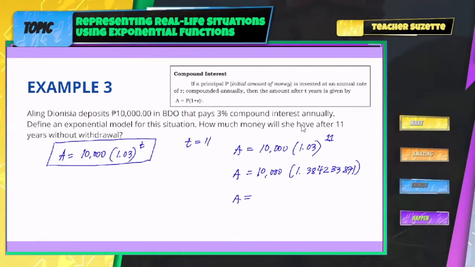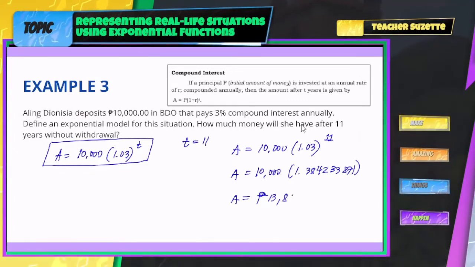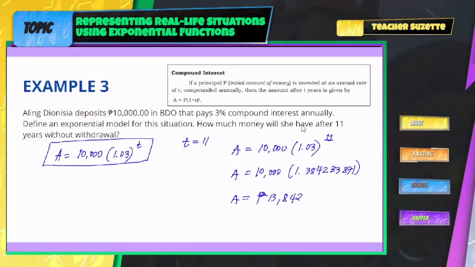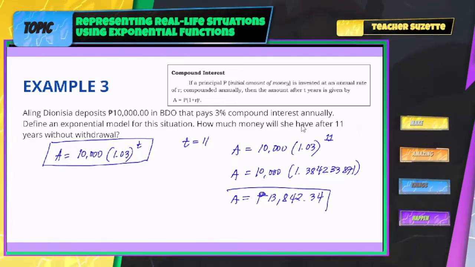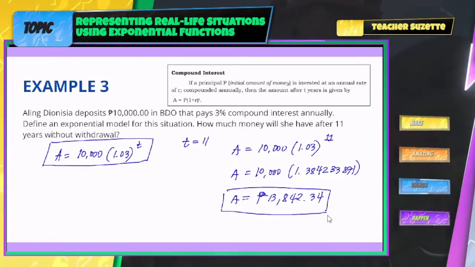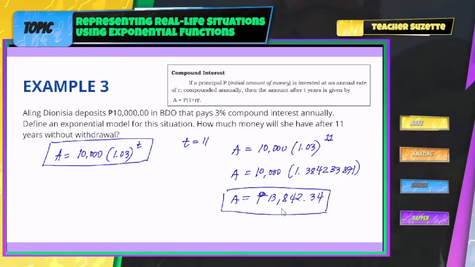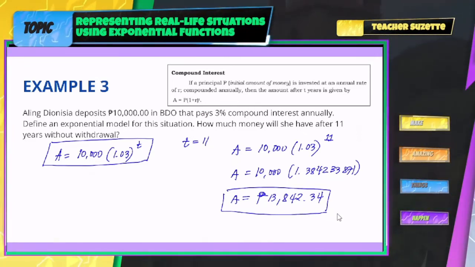You will have an answer which is 13,842.34 pesos. Round off natin yung ating final answer into two decimal places. So, ayan po. After 11 years, Aling Junisha will have 13,842.34 pesos in her account.